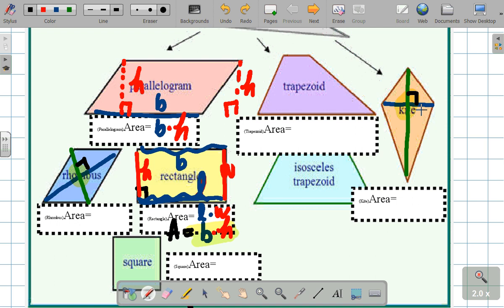They're related because the diagonals are perpendicular. Those two particular shapes, they have the same equation. One diagonal times, that's times, not plus, the other diagonal over 2. Diagonal 1 times diagonal 2 over 2. They have the same equation.